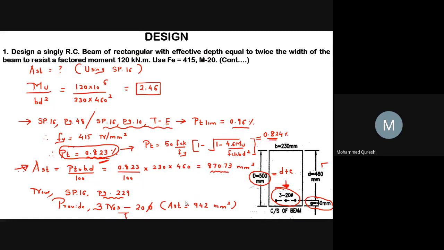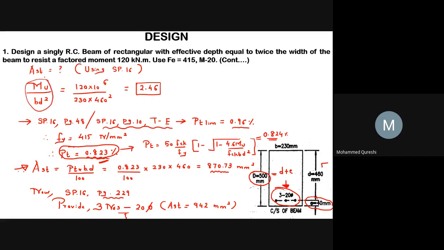And our next step is to find the area of steel, as we have to provide the steel for the particular beam. Hence for that, we have to use the SP16 code, and from SP16 one formula is given, that Mu by bd square.